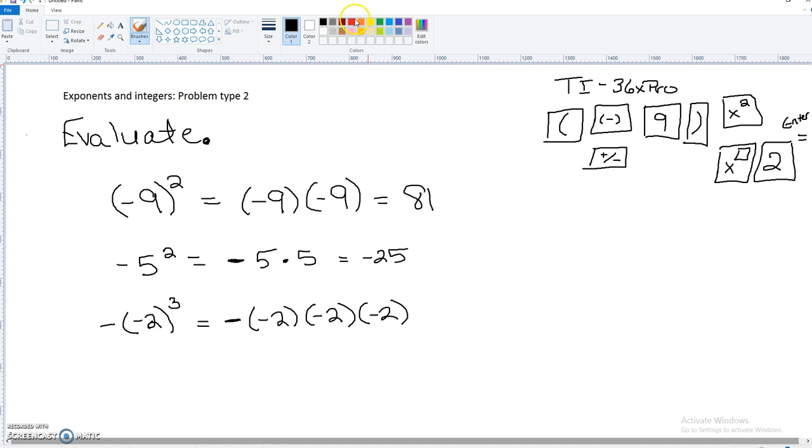A negative times a negative makes a positive, so now I've got a +2 times a -2, which is a -4. And I'm bringing this -2 down. Then -4 times -2 is +8. That's the final answer for that one.